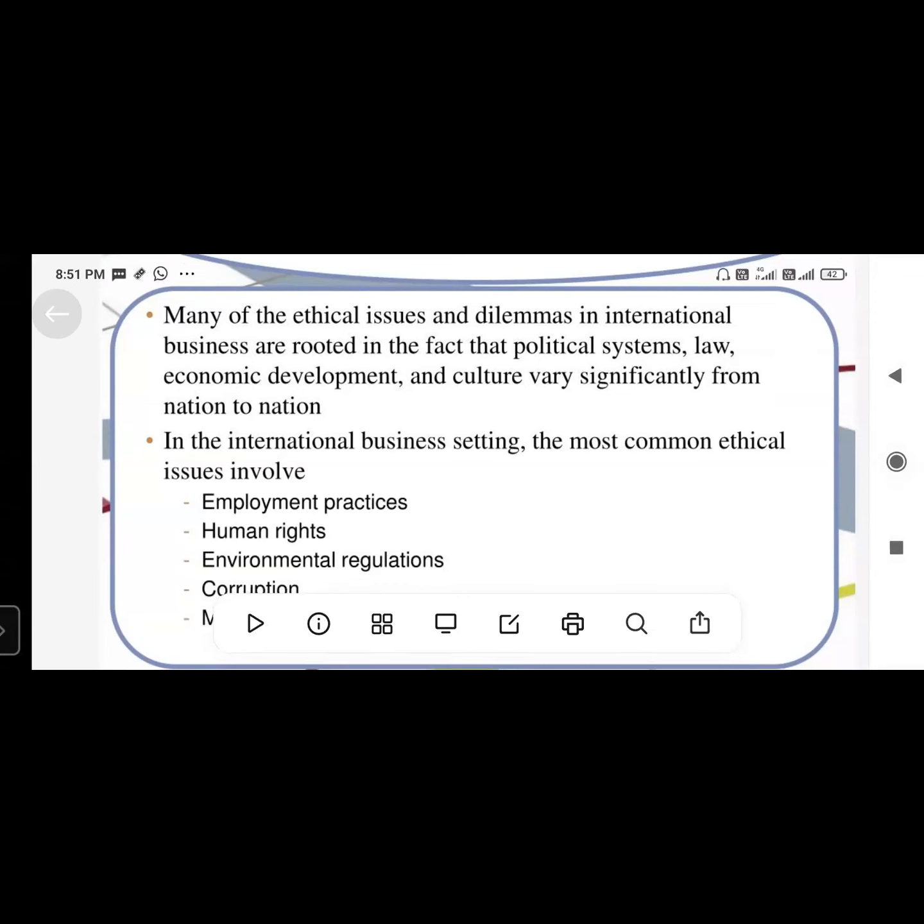Now, environmental regulations, we all are aware of what is environmental regulation, and nowadays this environmental regulation plays a very, very, very important role. Now, we all are aware what are the ill effects of global warming. Now, why has the global warming increased to this level?